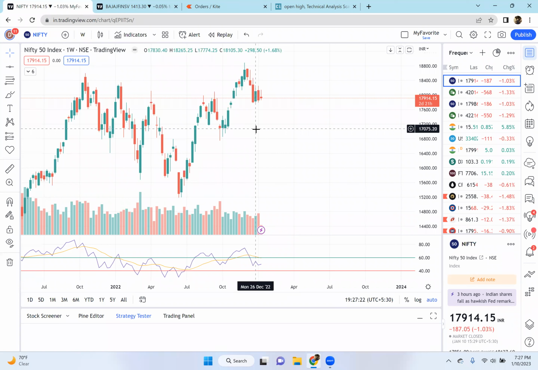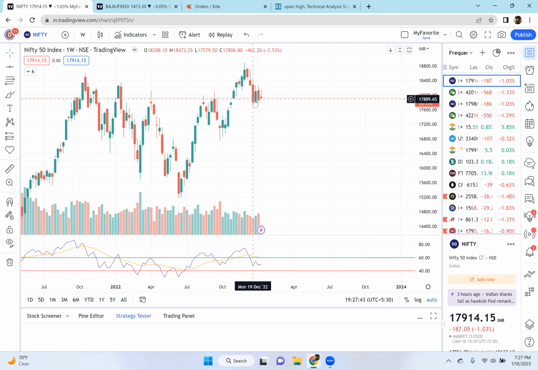The week starting 26th December: you look at the high and the low. High was 18,265 and the low was 17,774. You look at the next week, starting 2nd of January, this high and low is within the 26th December high and low.